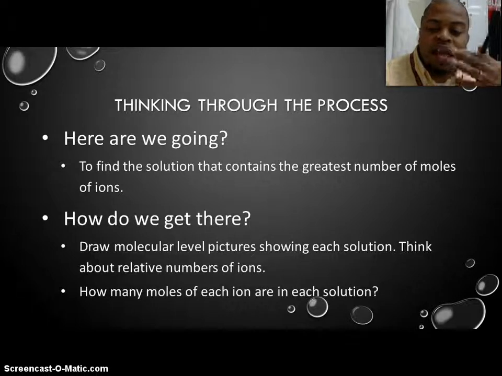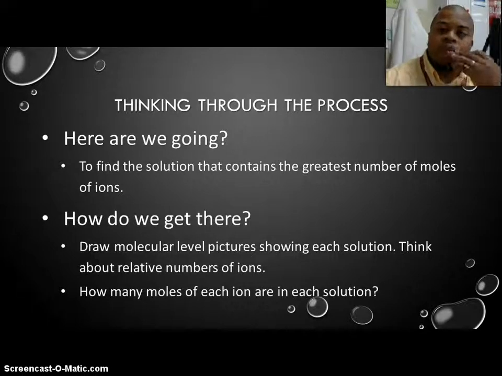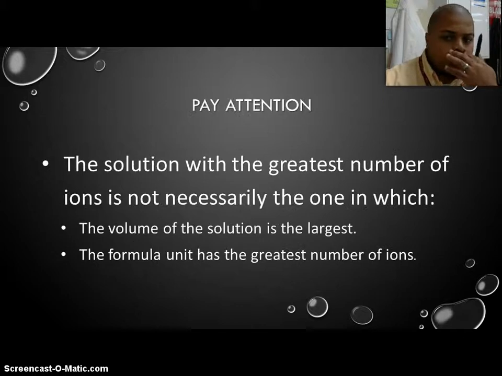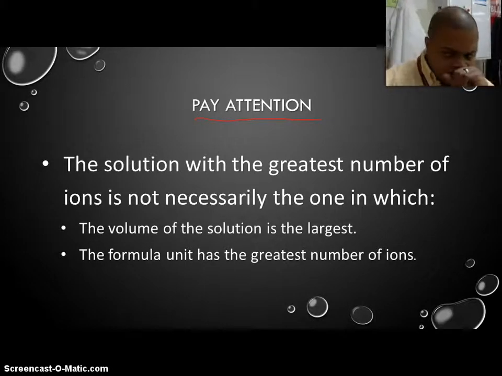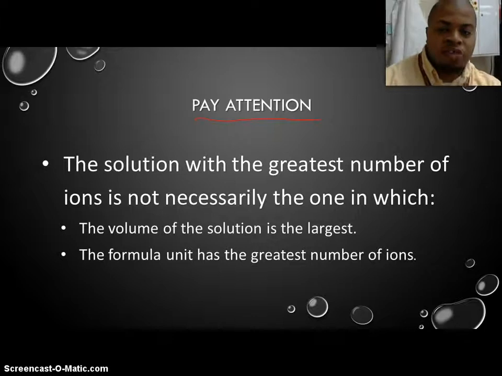How many moles of each ion are in solution is going to help us get a better picture of that idea. Now, pay attention to this, and I made sure to put this on there at the top. The solution with the greatest number of ions is not always necessarily the one in which the volume of the solution is the largest, or the formula unit has the greatest number of ions.